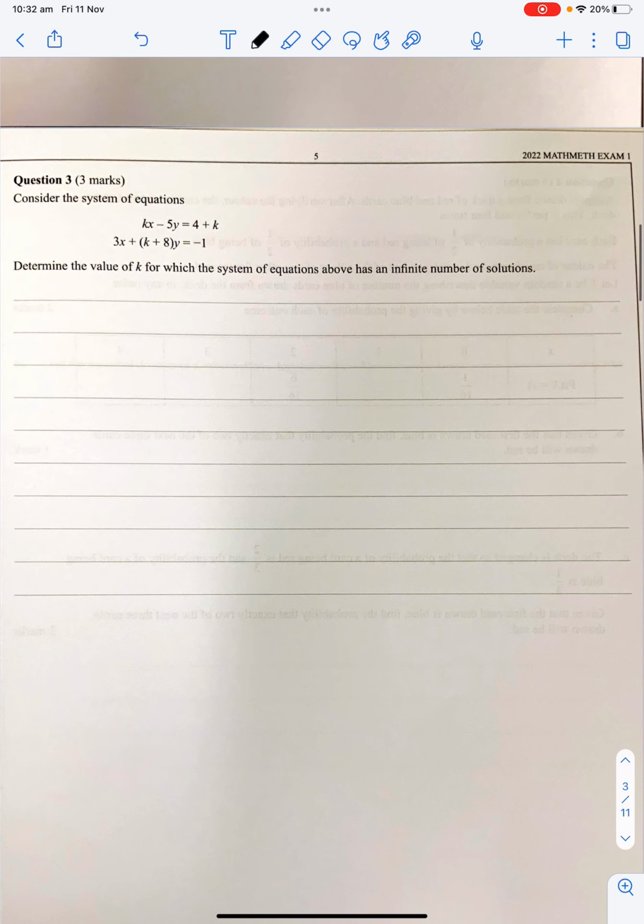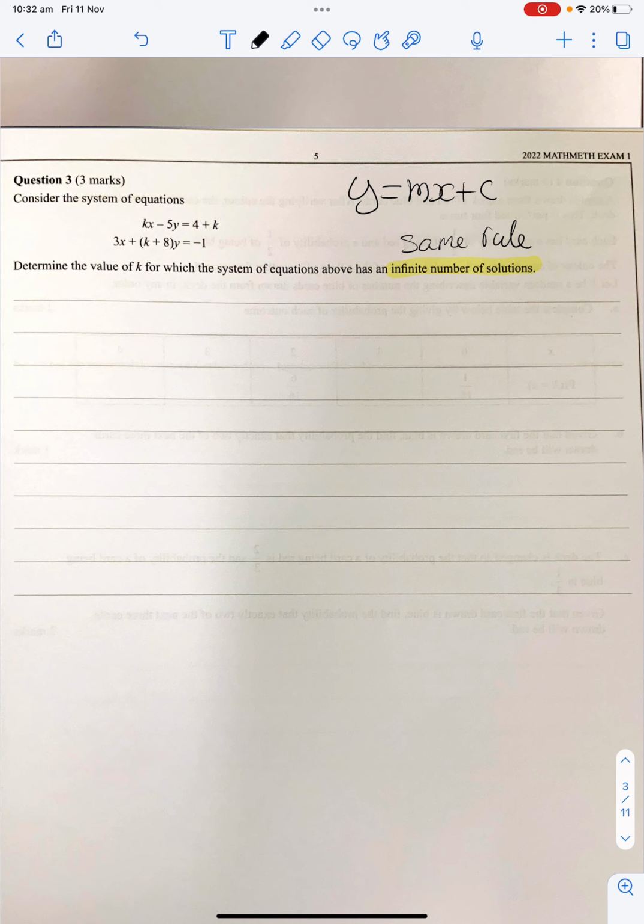Next question. Consider the system of equations. Determine the value for k for which the system of equations have infinite number of solutions. So infinite number of solutions is saying to us that they are the same rule, basically, or the same equation. So we want these in the form y equals mx plus c, and I'll put both equations in that form.